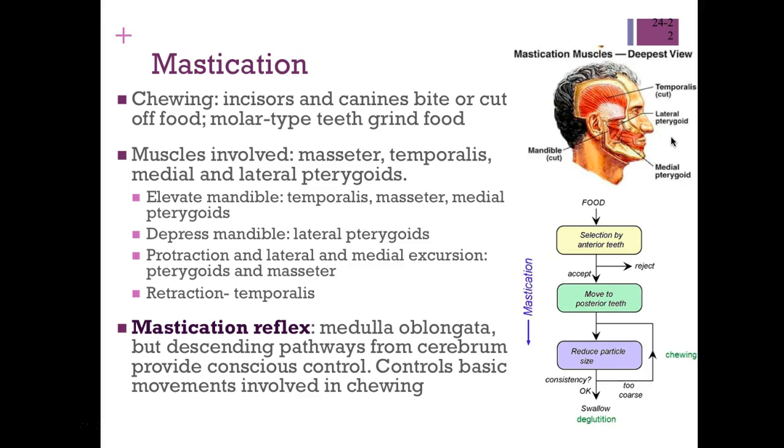And then to retract your chin, meaning bringing it back into place from pulling your chin out, would be retraction. So we also have this mastication reflex that takes place. So our medulla oblongata has descending pathways from the cerebrum that are going to give us conscious control. And it's controlling our basic movements involving chewing.